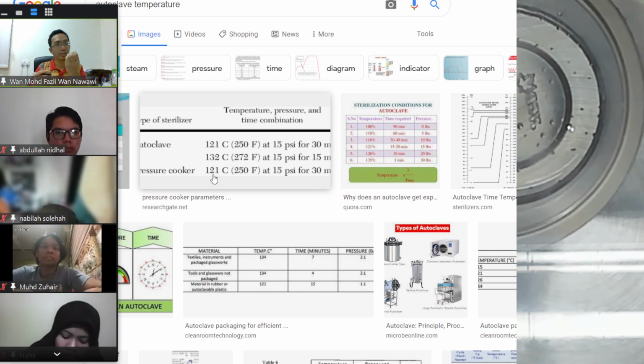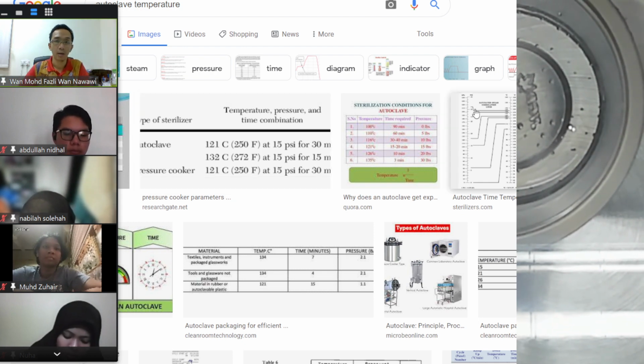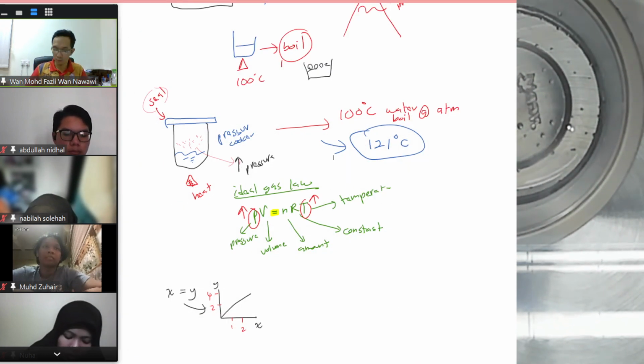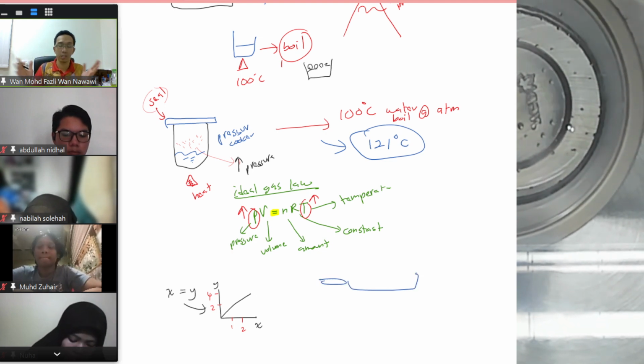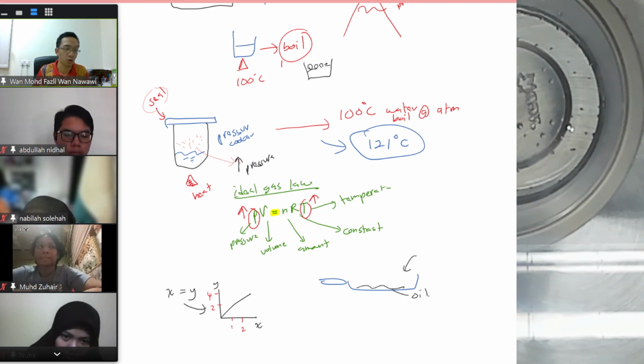So when you have this high temperature, you can cook your food faster. That's why when you cook in an open kitchen, you put oil, you don't put water, right? Because the boiling temperature of oil is much higher than water.